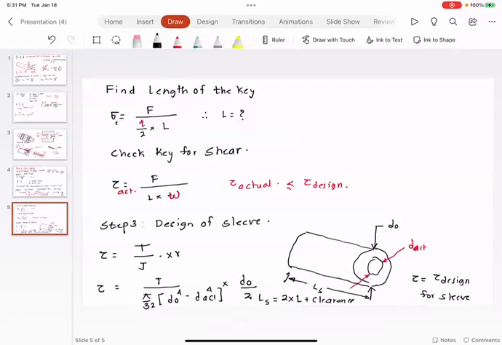At this point, you should open something called a mechanics handbook or design data book. When you open the section on key design, it will tell you the recommended values of clearances. But we are not going to do that, so you can do that.